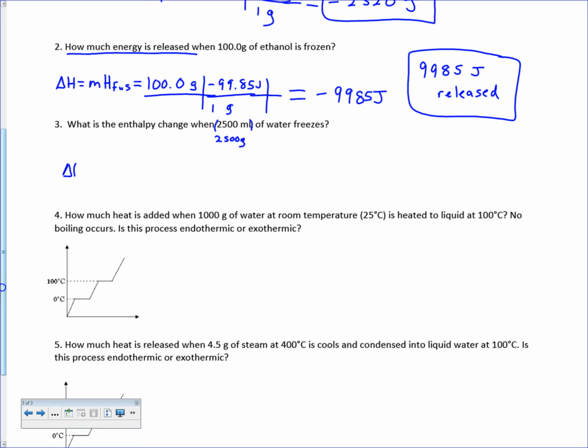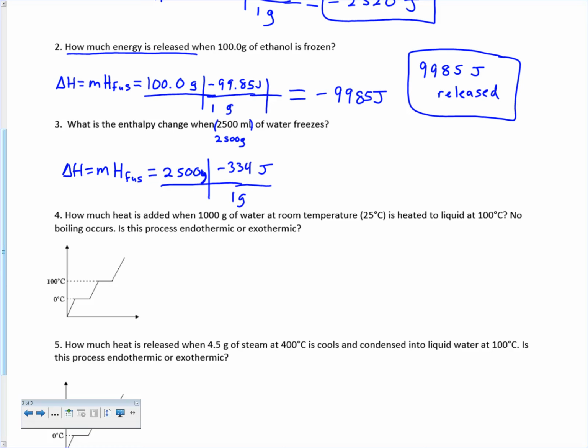Delta H equals mass times heat of fusion, which equals 2,500 grams, 2 sig figs there, times the heat of fusion for water, which is negative 334 joules per gram.